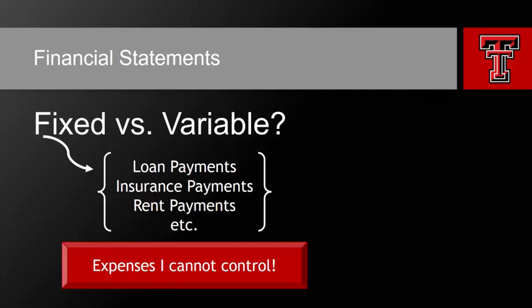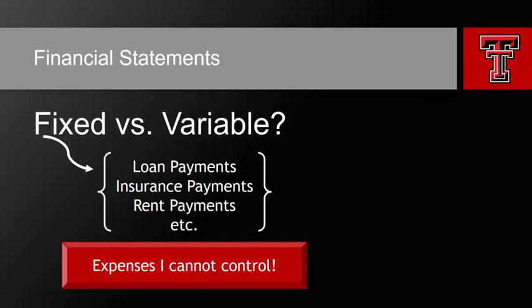Although I can change these expenses over time, for the next year or so they are not going to change. They are going to be the same every month, and I have the option of paying them on time or becoming homeless, carless, etc.